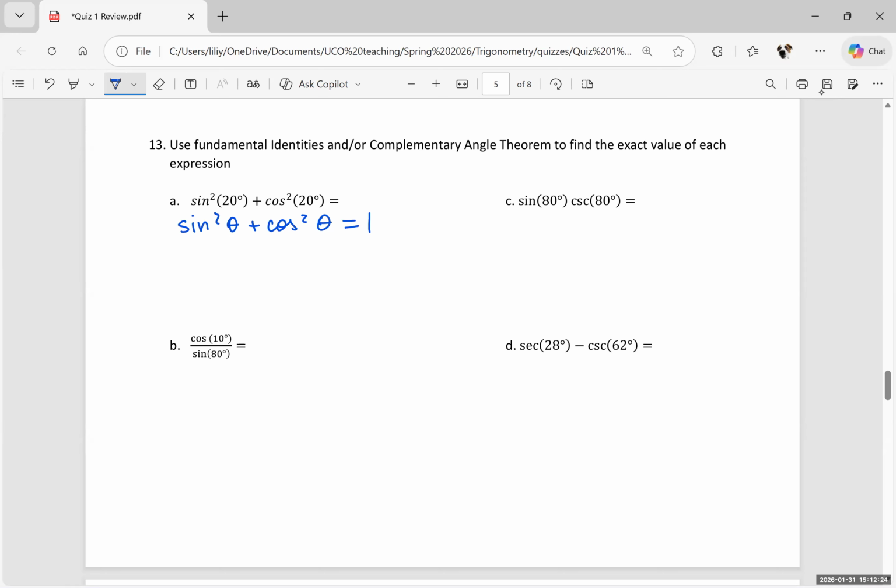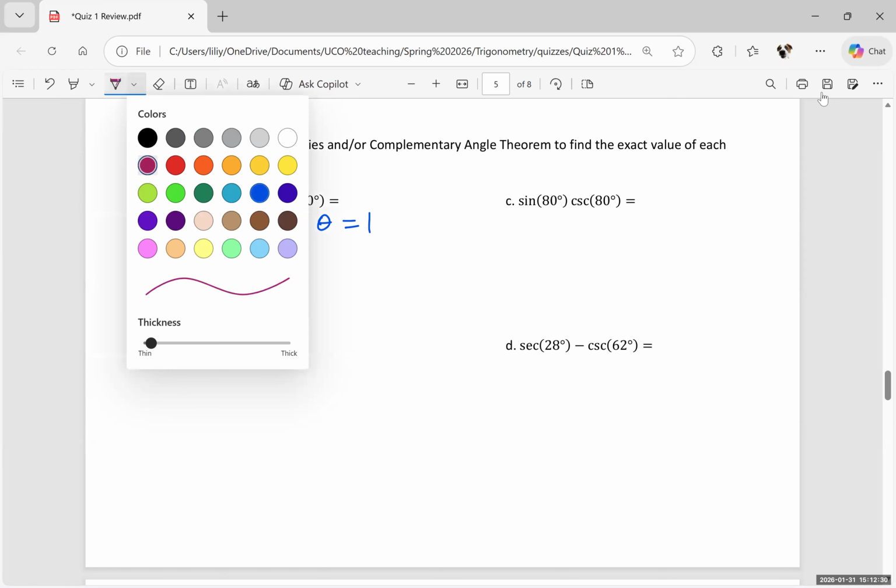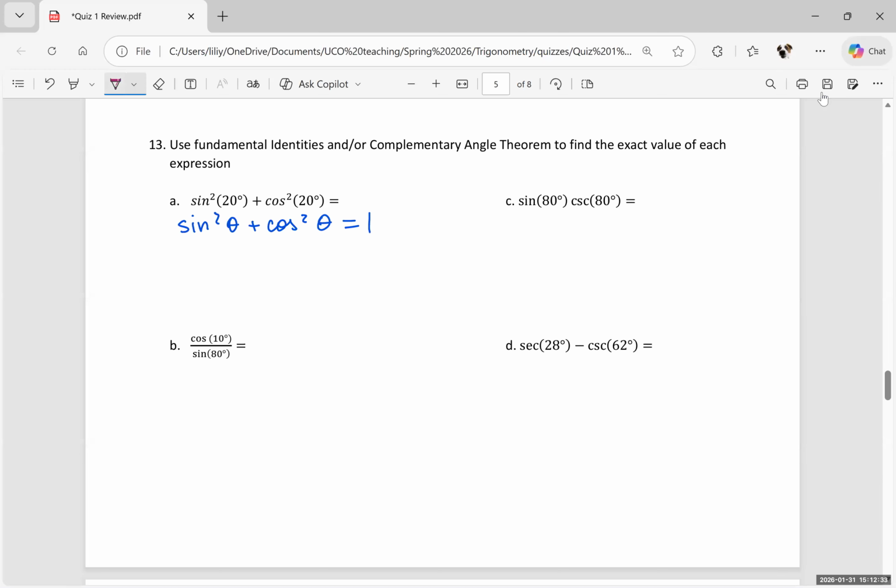Well, since it doesn't matter what theta is, as long as it's the same theta, sine squared of 20 degrees plus cosine squared of 20 degrees is just 1. It's literally this theorem when theta is 20. So just 1, you just have to recognize it.